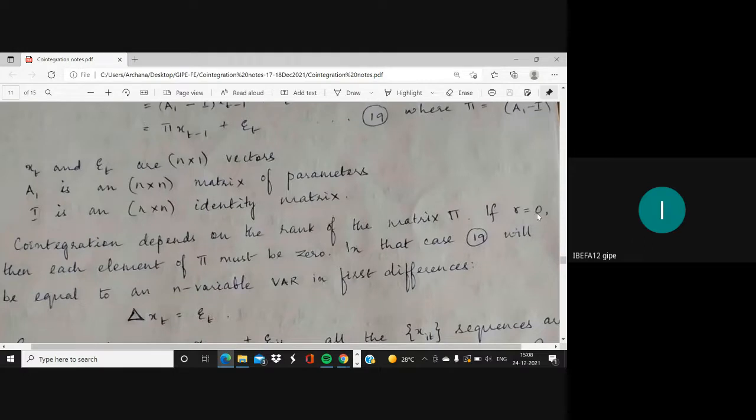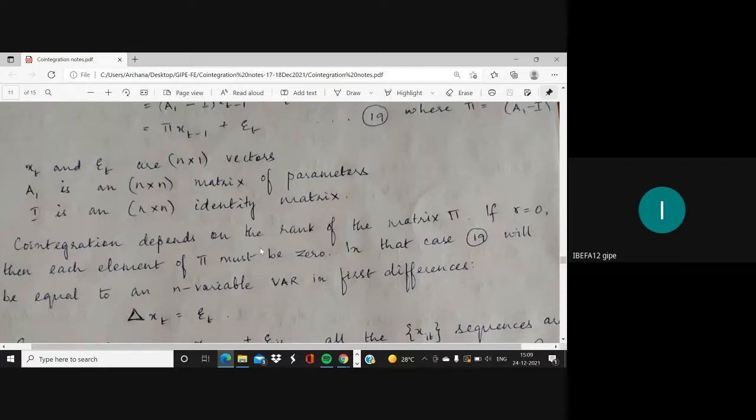If r is equal to 0, then it will mean that each element of pi must be 0. This is the same thing we were discussing earlier. If all the elements of A are 0, then you'll find that the rank of the matrix A is 0. Similarly, if the rank of the matrix pi is equal to 0, it means that each element of pi must be 0. Only then will that happen.